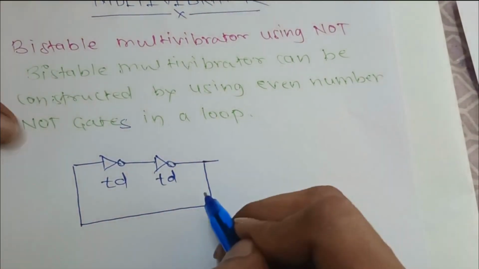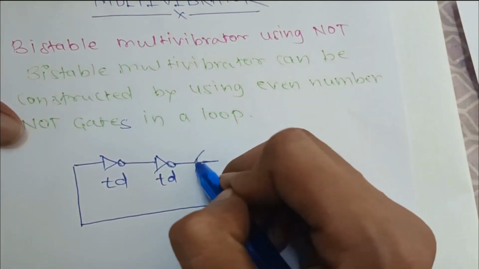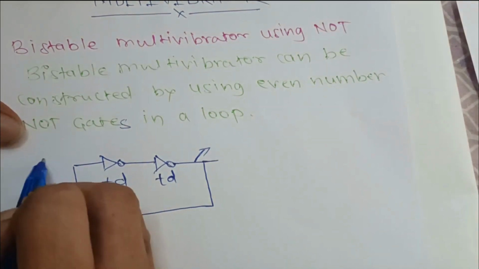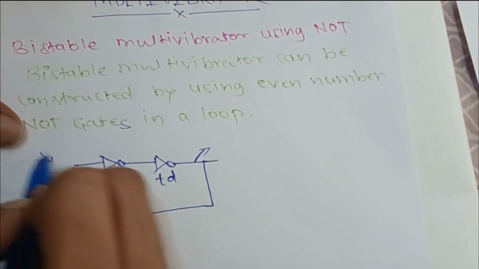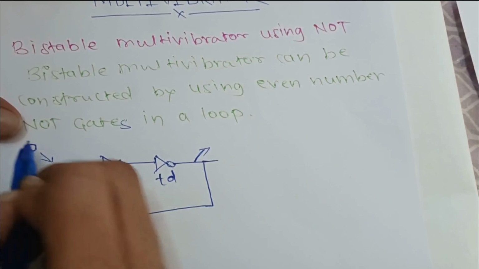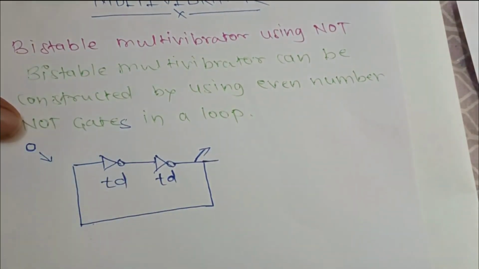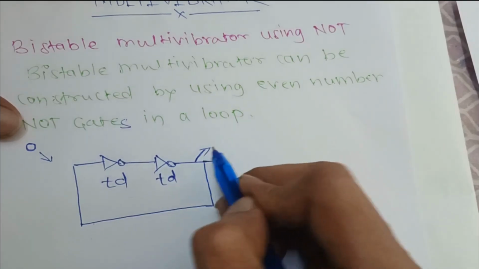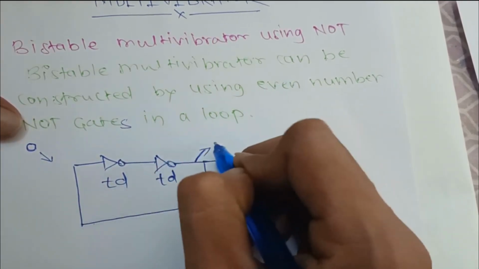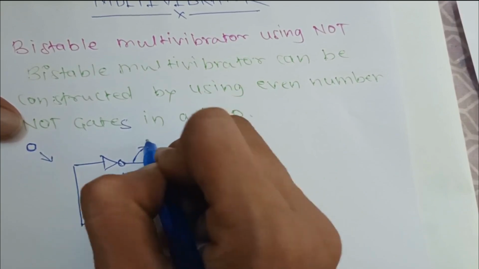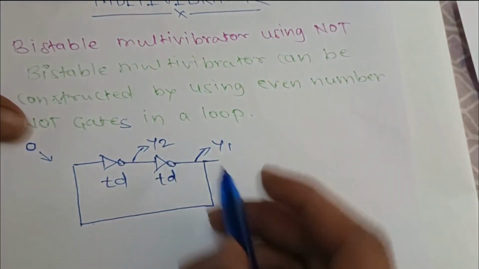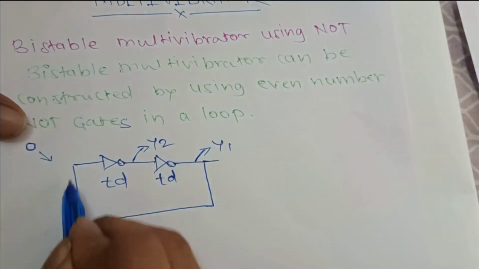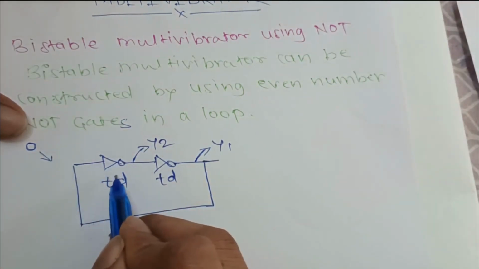But if you check output at this point, initially you have given input as 0. Suppose this is Y, this is Y1, and Y1 is again given as an input to the first NOT gate.